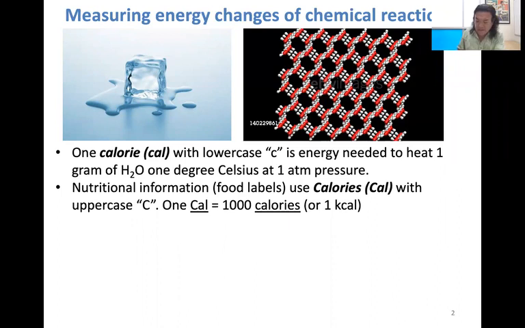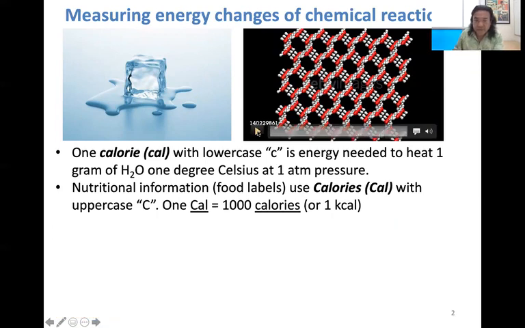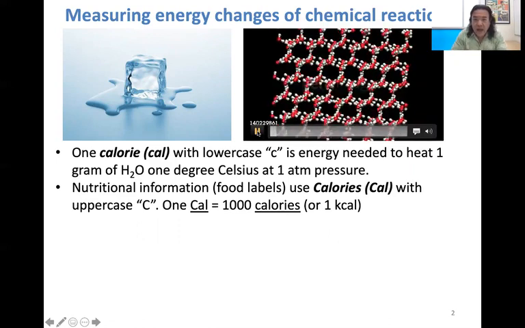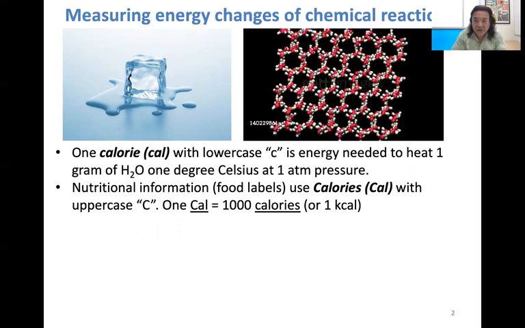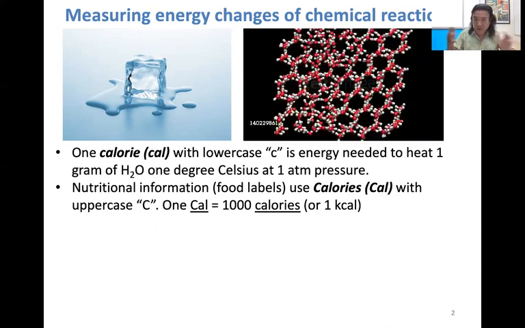So let's see this animation. It starts off at 0 degrees Celsius. Here's the crystal structure of ice. Oops, sorry. I meant to start this thing up here. As you start putting more energy into it, the water molecules vibrate, because energy is the motion of matter.